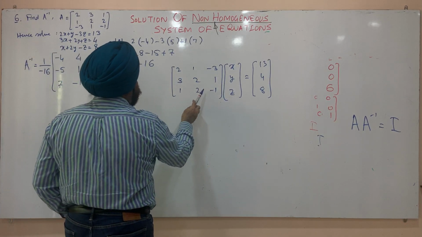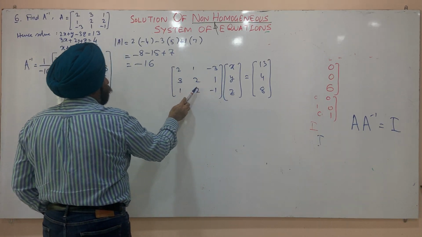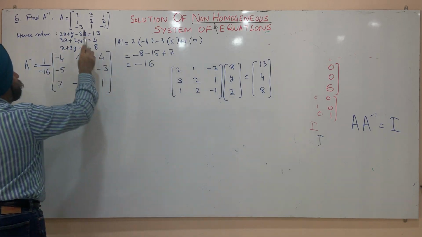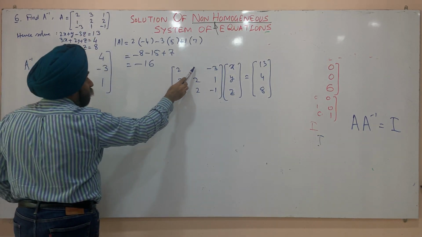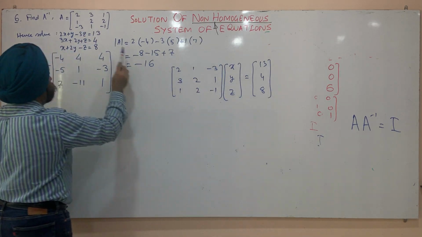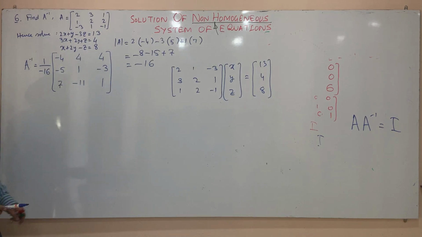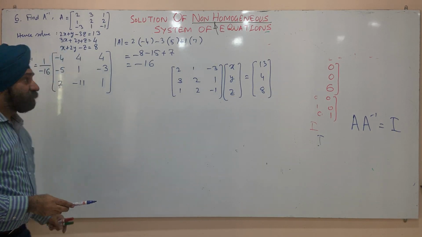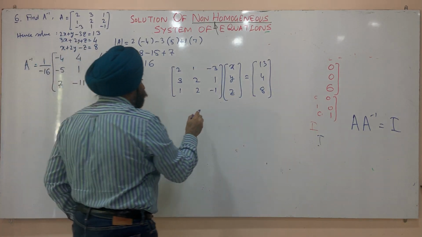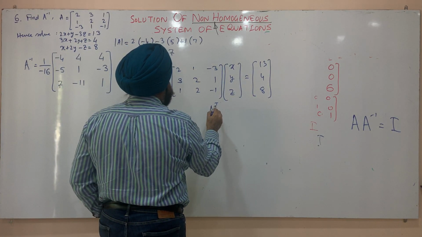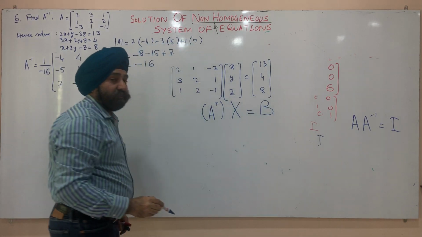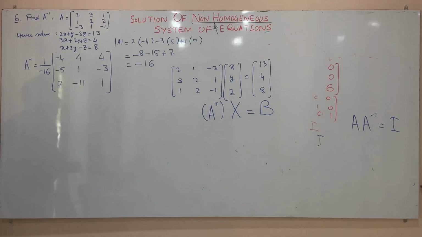Let us see what this matrix is. We have 2, 3, 1 here, 1, 2, 2, and minus 3, 1, minus 1. So what is this matrix? This is the transpose of A. So we write this as A transpose into X equals B.